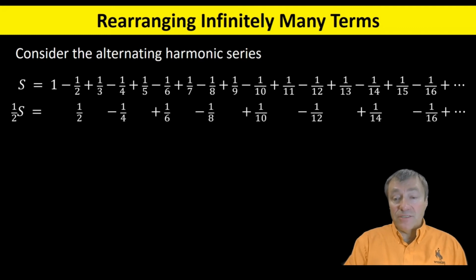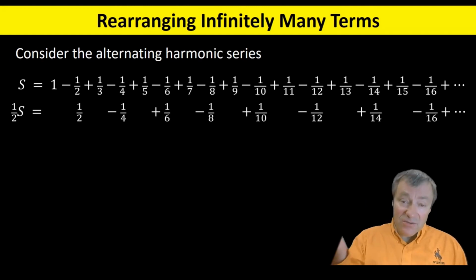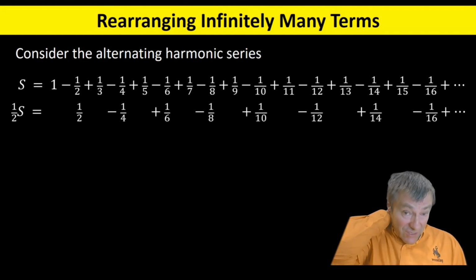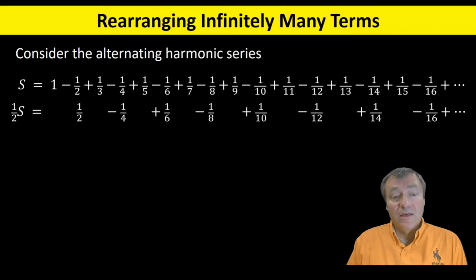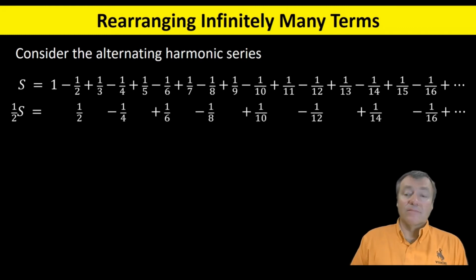Now let's start rearranging terms. Actually, it's not explicitly rearranging, but it turns out to be equivalent to the same thing. So let's look at a very simple-minded thing. We're just going to divide the original series by 2. That gives this alternating series, which converges again to S over 2.